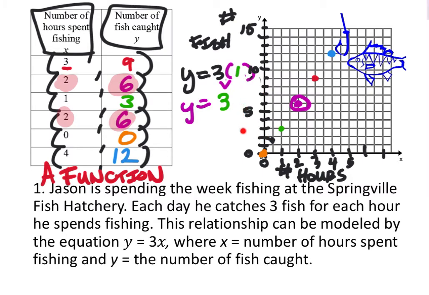And it could be cut in half, but that's not really what I'm talking about. This can't happen, which means that we wouldn't actually put that point on there, okay? So I'm going to erase it. And that also means that you cannot connect the points. And remember, when we connect the points, it means that all the points on the line make the equation true. But you can't have half a fish, so it can't be true that way, all right? So this is the graph.